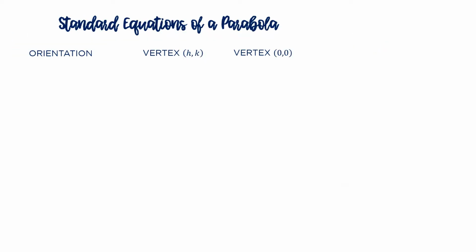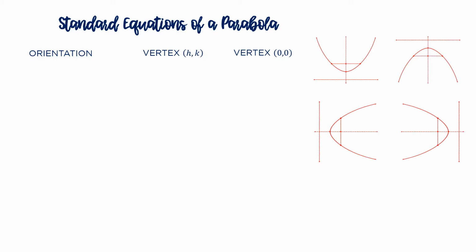Ngayon naman, tignan natin yung mga standard equations ng parabola. So here we are going to consider four orientations of a parabola. So a parabola could open upward, downward, to the right, and to the left. Okay?